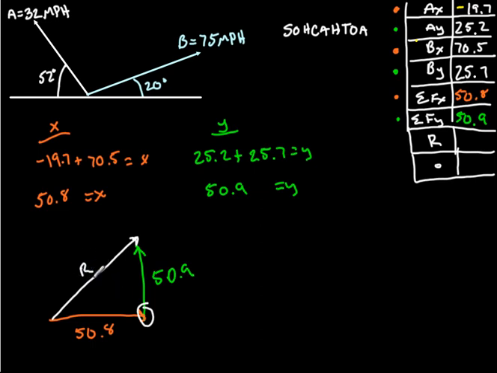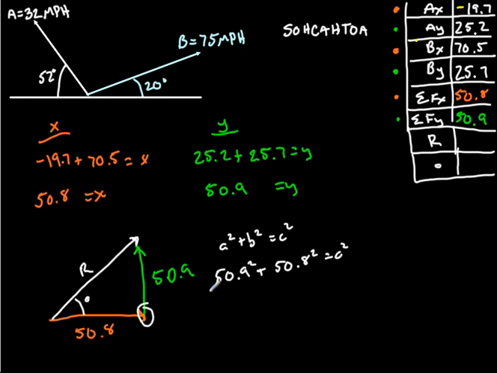So that's what we're looking for. We're looking for the resultant vector, and then this is going to be our resultant angle. The easiest way to do it is the Pythagorean theorem, a squared plus b squared equals c squared. It doesn't matter which one we do. 50.9 squared plus 50.8 squared equals c squared.